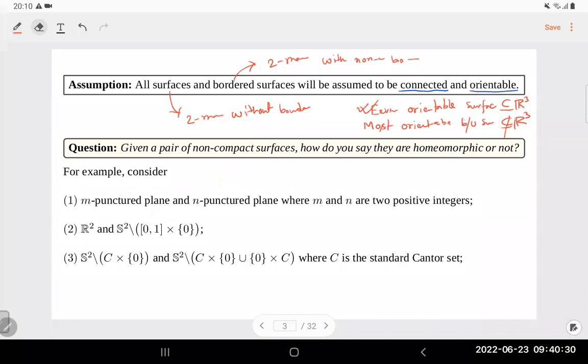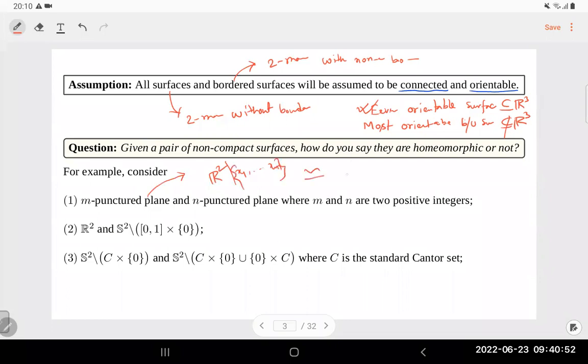So the m-punctured plane and the n-punctured plane, where m and n are positive integers. Delete m points from the plane and delete n points from the plane. You can use basic algebraic topology here. Say I delete m points x1, up to xm.